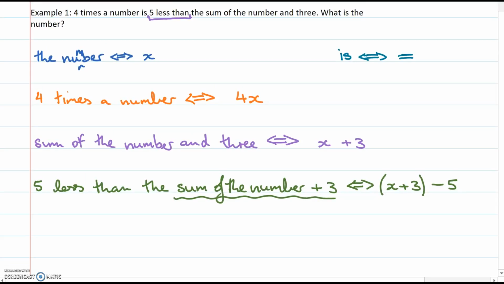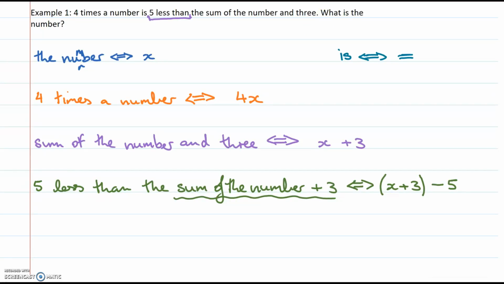Okay, so we know that the number is x. We've got 4 times the number, 4x, is going to be equals 5 less than the sum of the number plus 3, x plus 3. Okay, so let's put it all together.